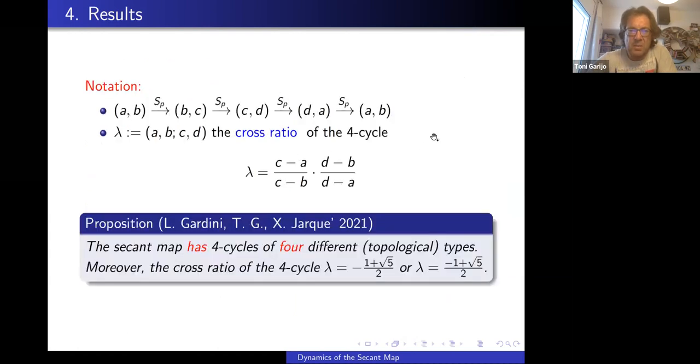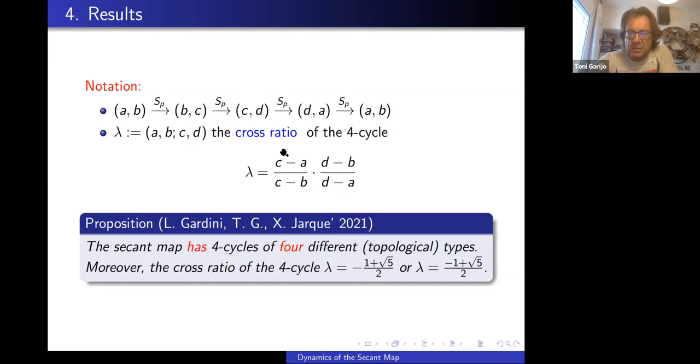4 cycle. Just a notation: AB maps to BC, to CD, to DA, and AB. This is just if there exists one of these 4 cycles, and lambda is the cross ratio of this 4 cycle. Look that at this 4 cycle we have AB and CD as the 4 points working on that.